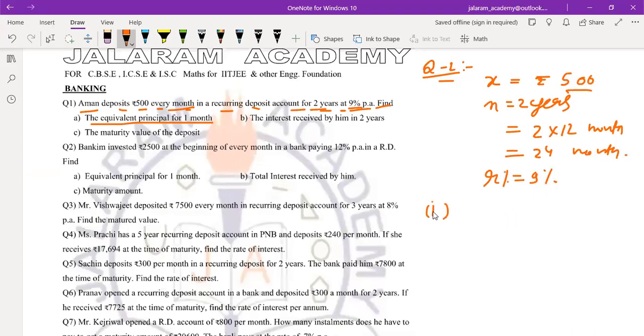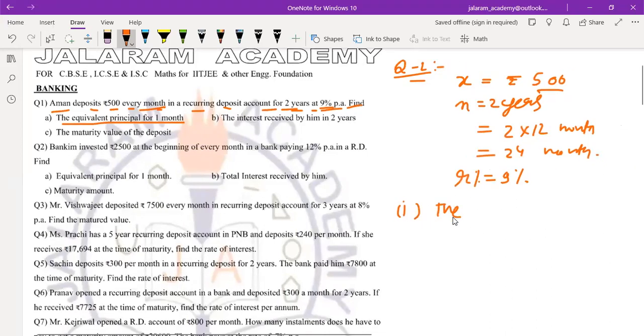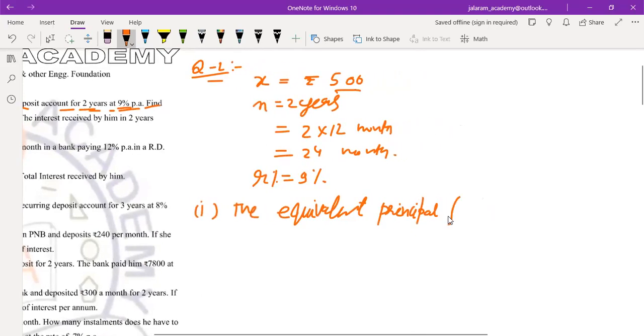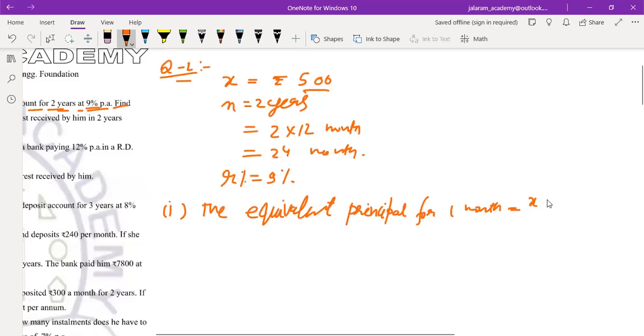Now in the first part, we have to find the equivalent principal for 1 month. So we write the equivalent principal for 1 month, then write the formula: equals x into n into n plus 1 by 2.